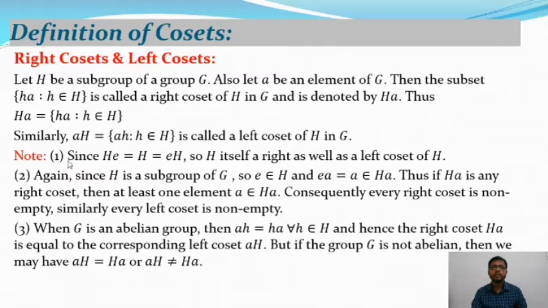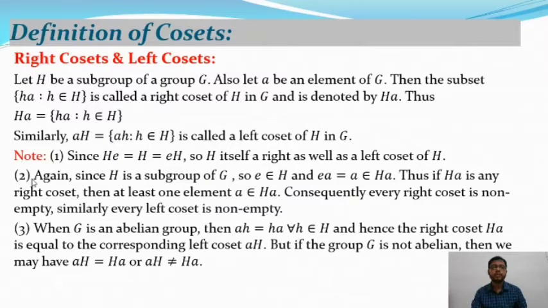The first one: since H into e, where e is the identity element of G, is equal to H, and H is equal to e into H, that means He is equal to H is equal to eH. So H itself is a right as well as left coset of H.